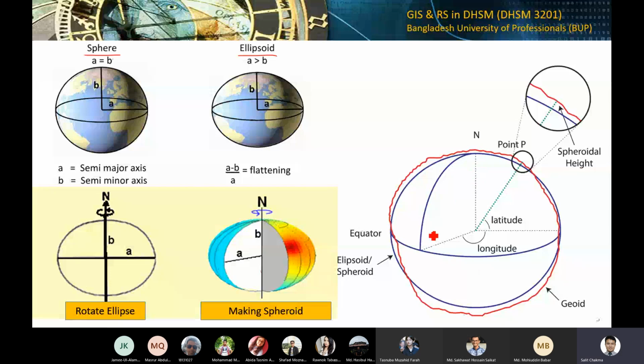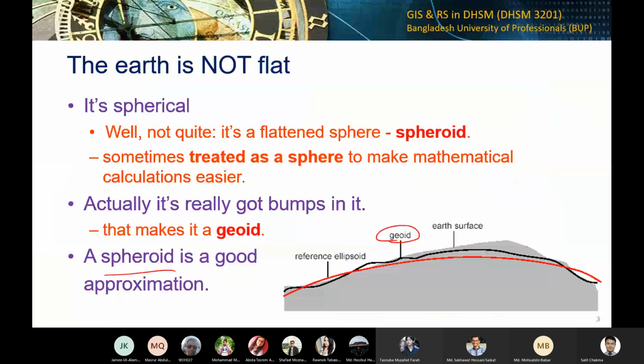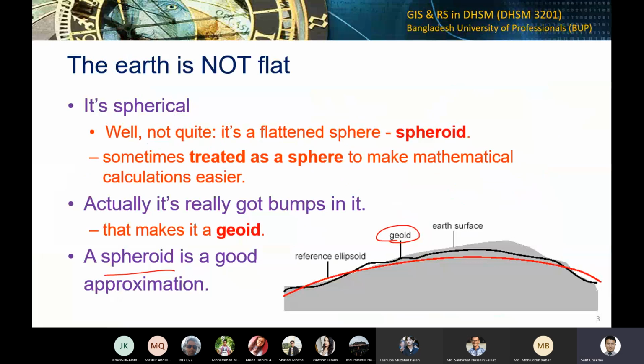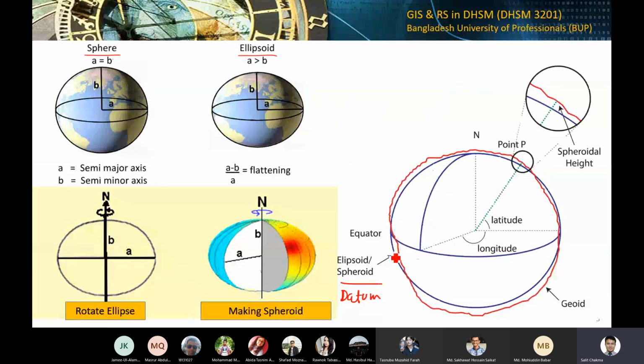Okay, and now we have one reference ellipsoid or spheroid. We have assumed a skeleton, a reference ellipsoid or spheroid. This is also called a datum. Alright, this is called a datum. So now we have the reference of the Earth, that is, we get its skeleton from here.